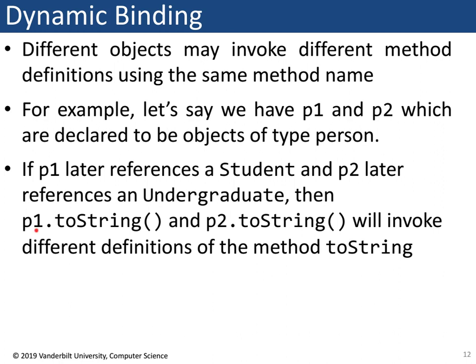Then when we call P1.toString, we'll actually invoke the student toString method definition, whereas P2.toString will actually invoke the undergraduate toString method, even though both P1 and P2 were declared to be type person. What controls which method is called is the actual type of object which is assigned to that reference variable.